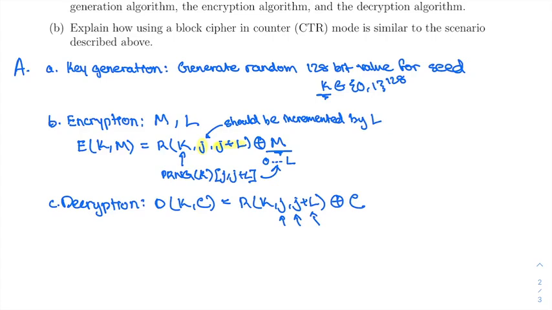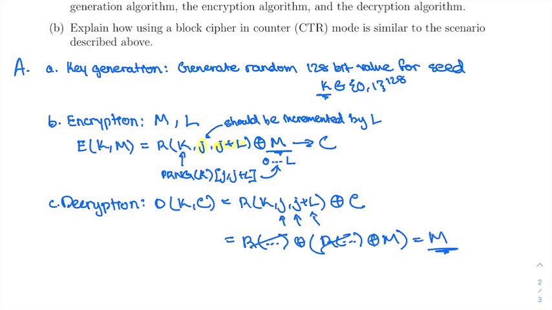So remember, C is really representative of R XOR M. So if we do an R XOR of R XOR M, then these two cancel out, and this just gives back M. So that's an effective decryption.